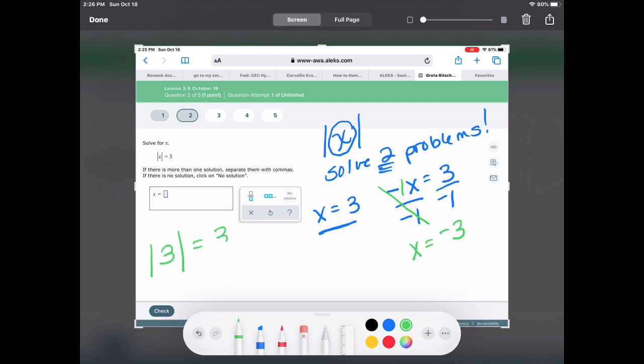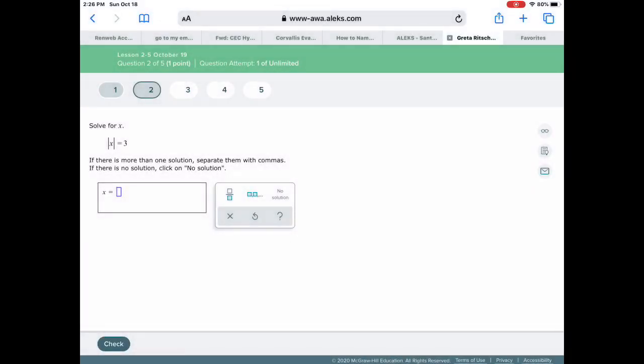The absolute value of 3 is 3. The absolute value of -3 is 3. And so when we want to actually solve for x, we have two answers, 3 or -3.